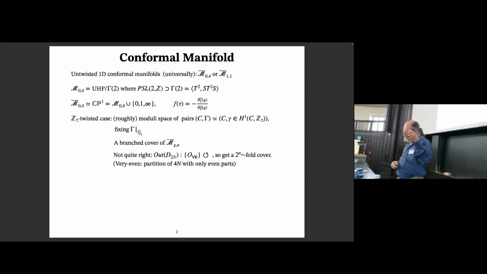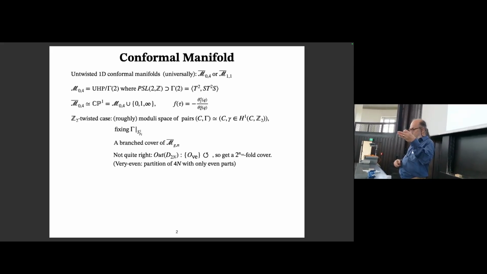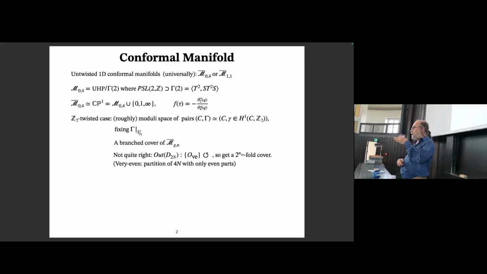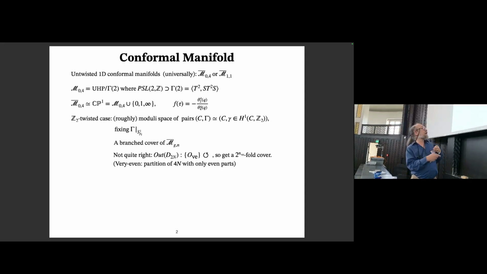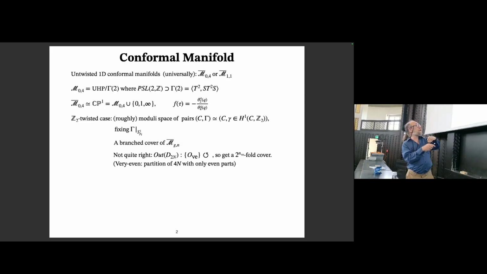So nilpotent orbits in Dn are labeled by partitions of 2n, or in D2n by partitions of 4n. And if all of the parts are even, there are actually two nilpotent orbits, and they're exchanged by the outer automorphism, right? So we get a further ramification if I have untwisted punctures of this sort, because when you drag that puncture around some cycle on the Riemann surface, it might come back to its partner under this outer automorphism.